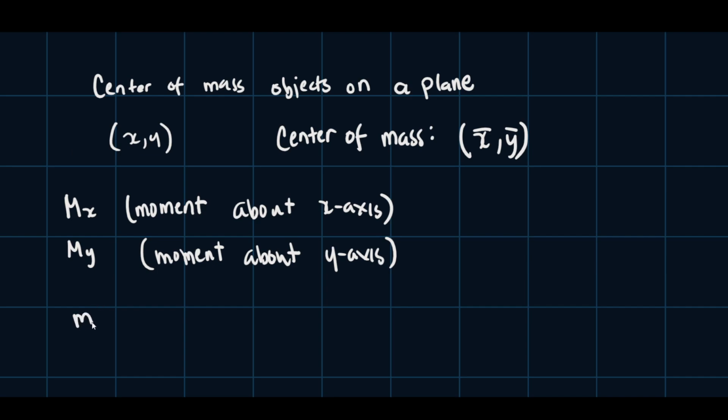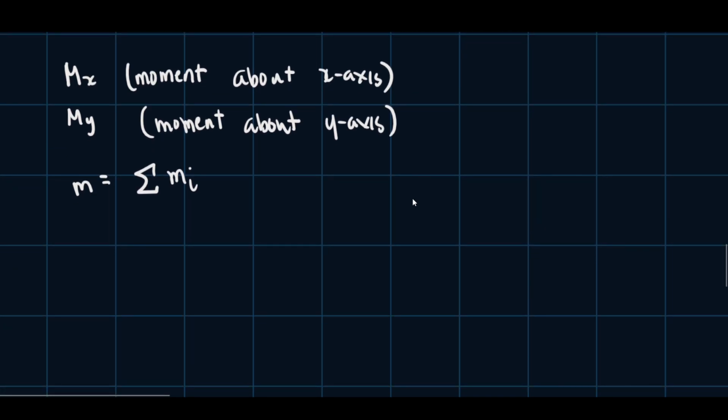The mass is still the same, so this would still be the sum of all individual masses. But this time, we're going to analyze what it means when we say moment about the x-axis and moment about the y-axis.